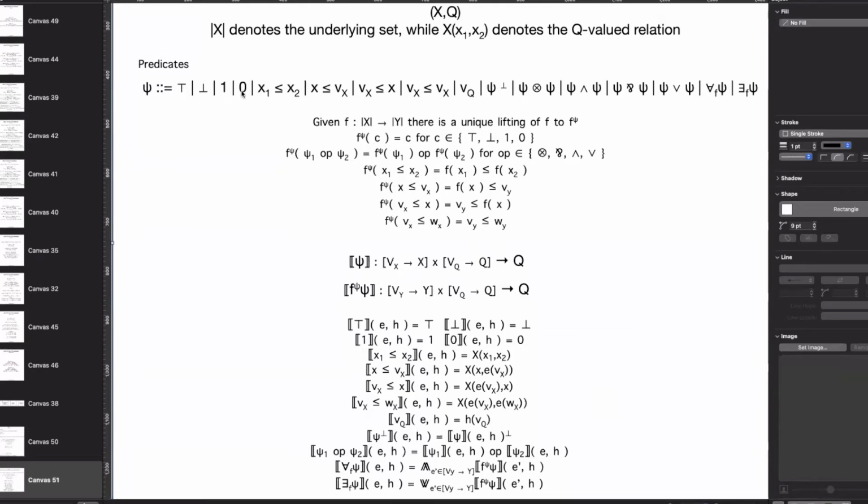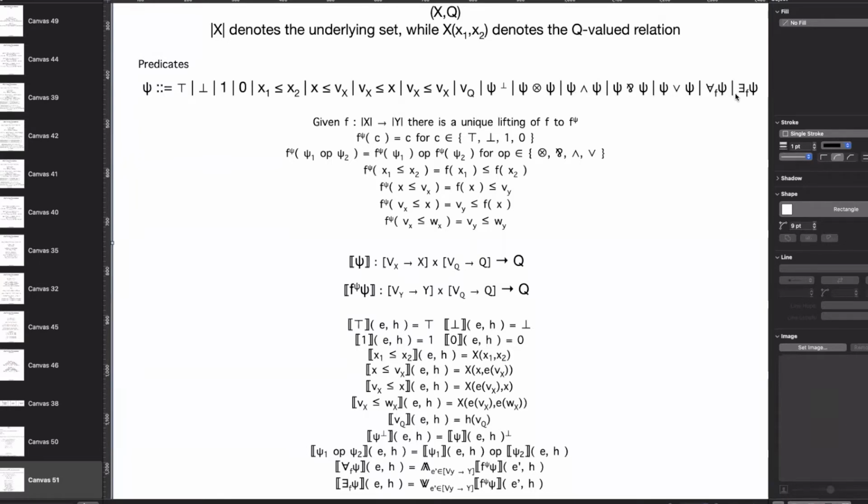So these are the constants in linear logic: top, bottom, 1, and 0. And these are the logical operations: linear negation, tensor, with, par, and plus. We inherit them directly from the Quantile.